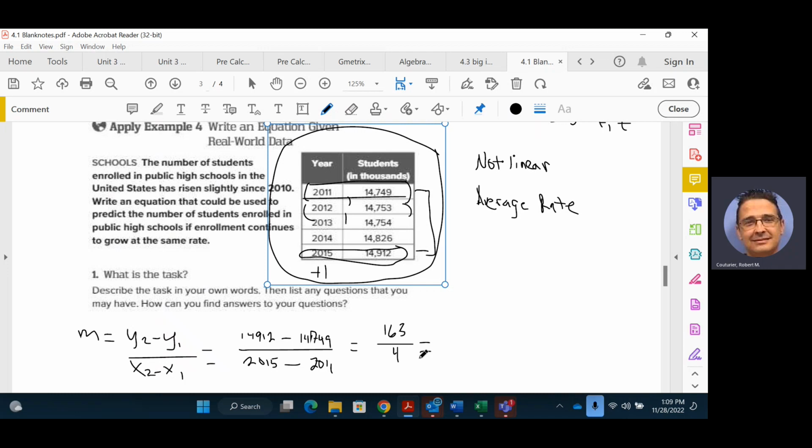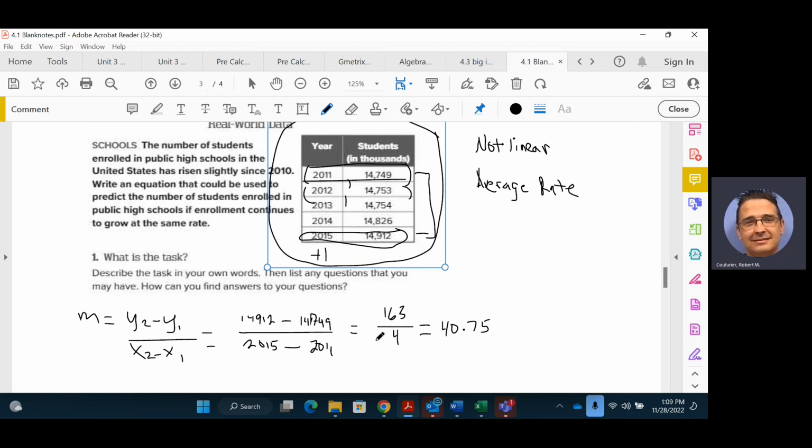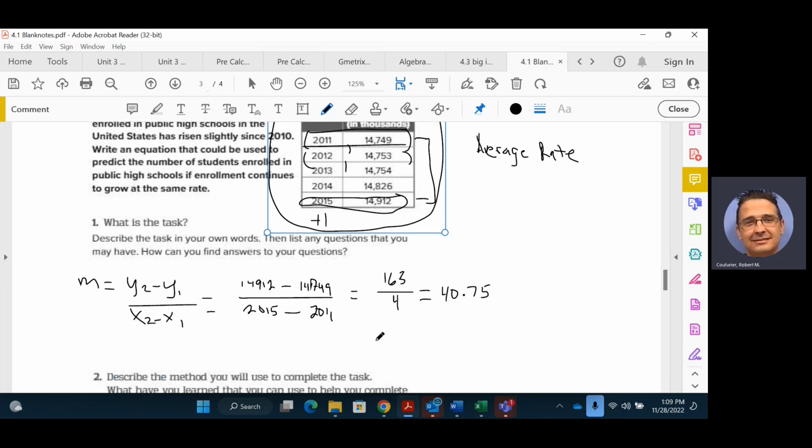If you put this in your calculator and just divide it, you get 40.75 as your slope. Either way is acceptable because this is a terminating decimal. You could use it in decimal form or as a fraction. It's whatever you're comfortable with, and of course how they want us to represent our answer in the end. So you have to read your directions carefully.